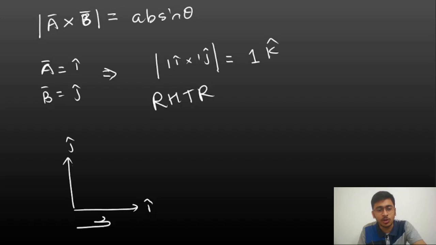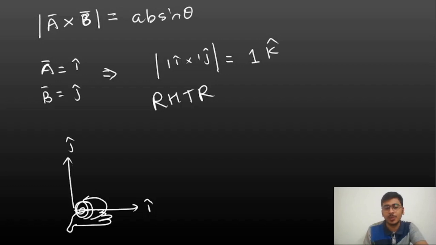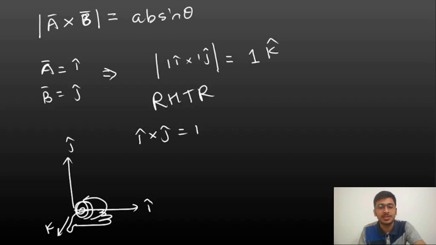It will be somewhat like this. This is my right hand, and I can curl it to form a fist, but my thumb is pointing in the K cap direction. The thumb gives us the direction of the perpendicular plane. So in this case, I cap cross J cap gives us K cap.